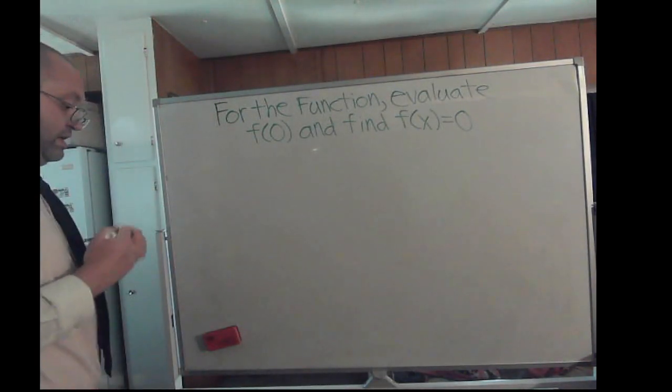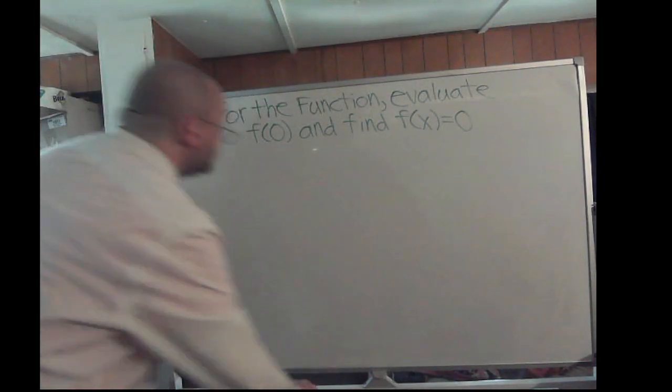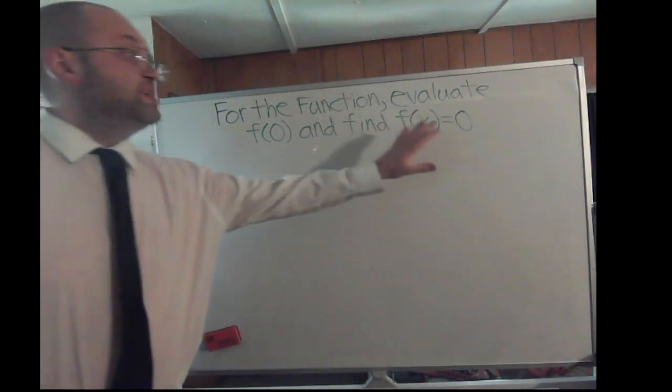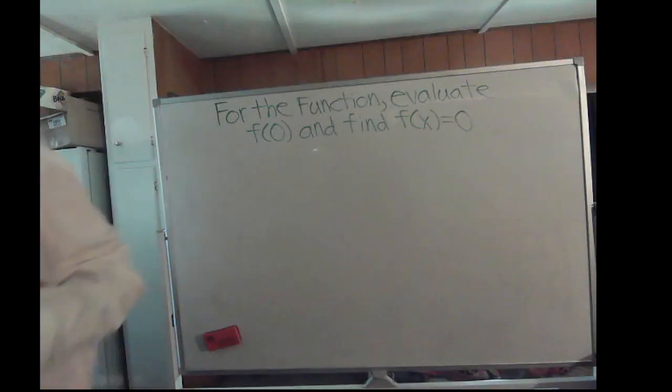So for the last segment of this lesson, we're going to find f of 0, then we're going to set f of x equal to 0 and find that value.